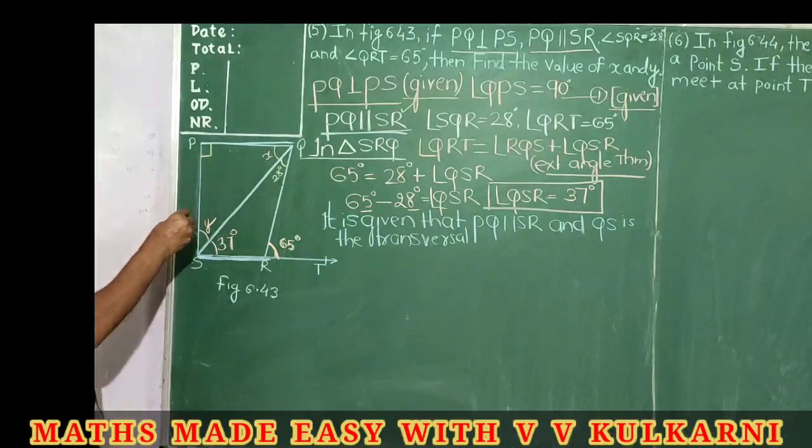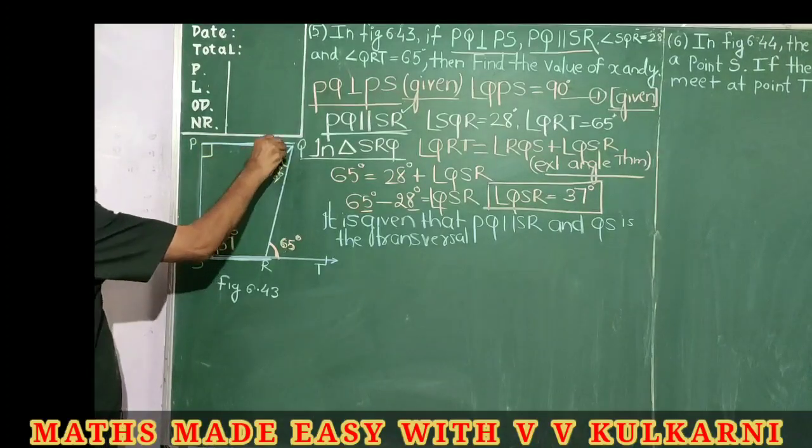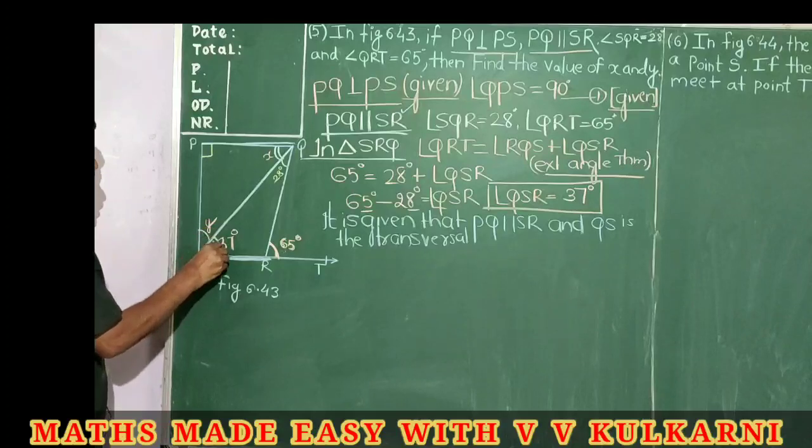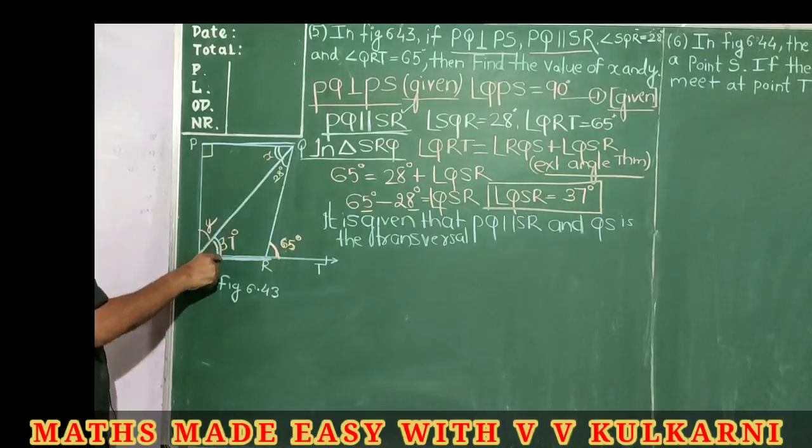Now in that case what will happen is, these two will become alternate angle. What I mean to say is, x will be equal to 37.